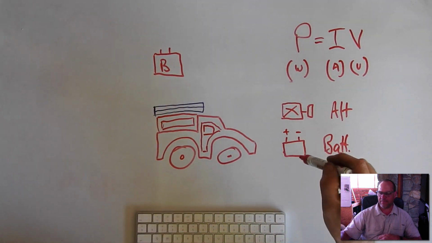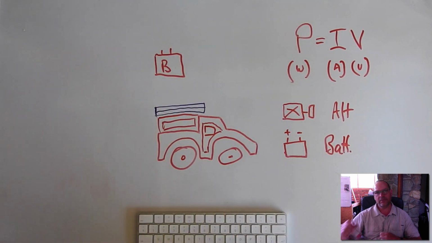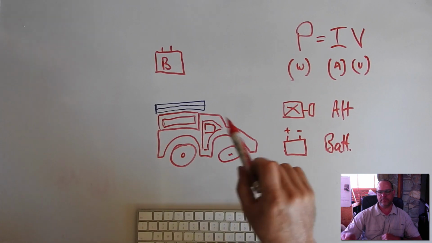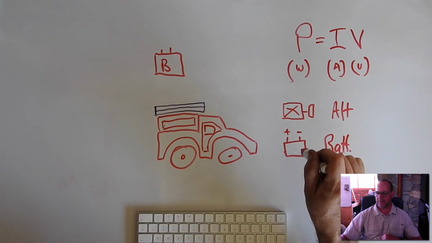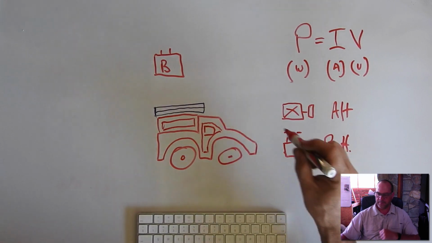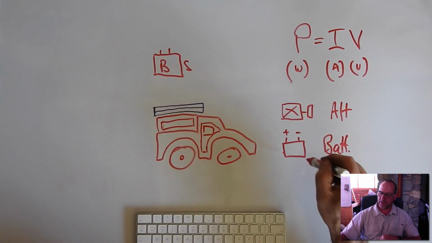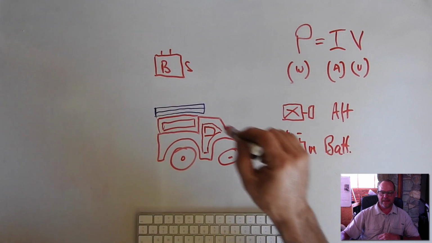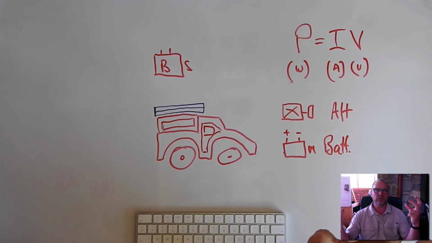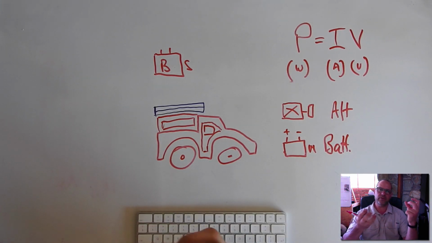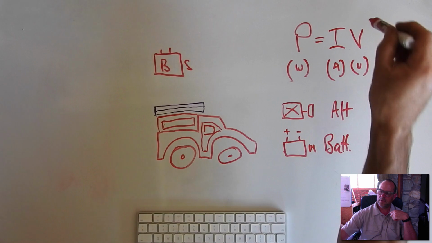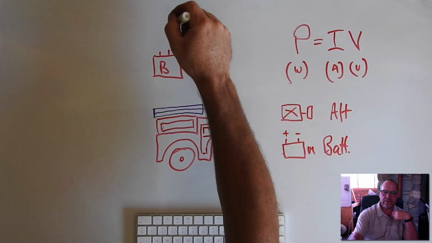Then if I connect a full battery, like my crank battery, to my secondary battery, then this secondary battery will drain the main battery. So this is my secondary one, this is my main battery, and if I connect the two, the full battery will give power to the dead battery, and that happens through the V. Volts.